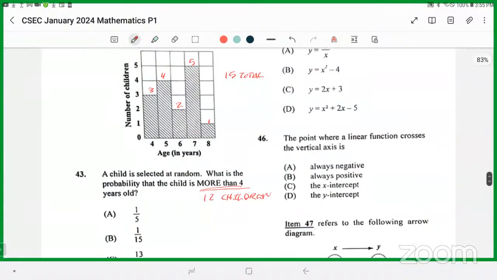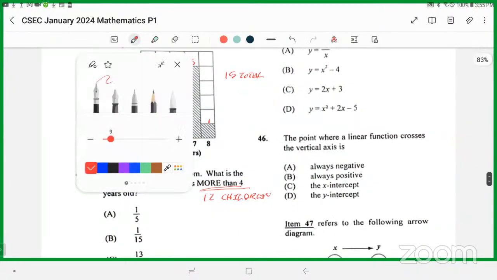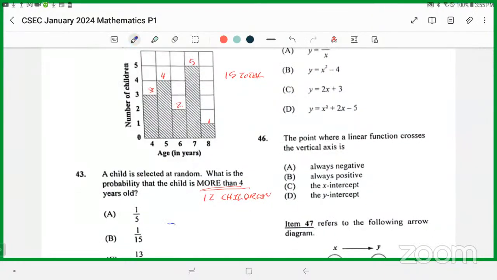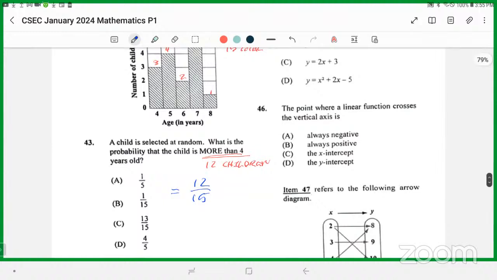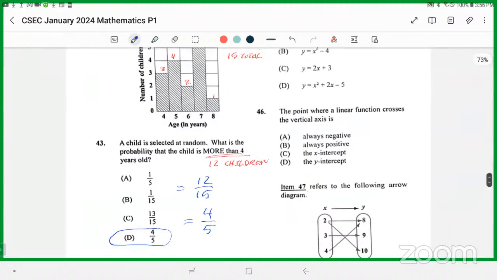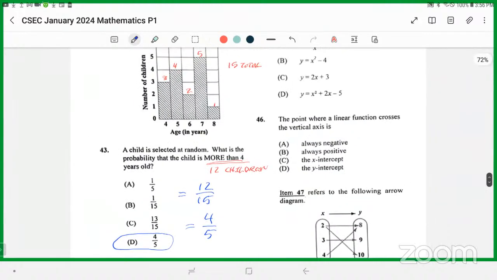So the probability is 12 over 15. We can simplify this down. Divide this by 3 and divide this by 3. So we get 4 over 5, which is right here. That is it.